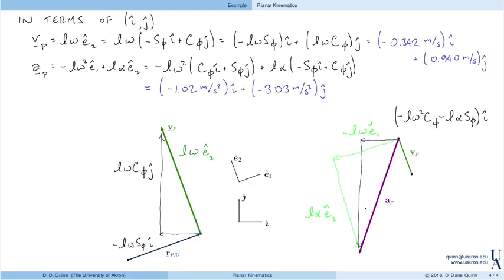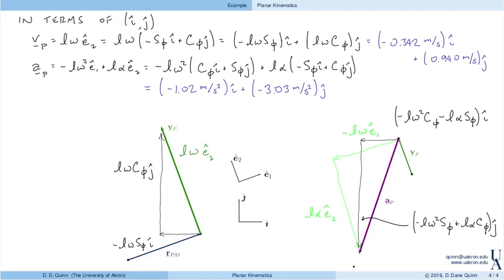And this piece here, this component, is minus L omega squared sine of phi plus L alpha cosine of phi in the j direction.